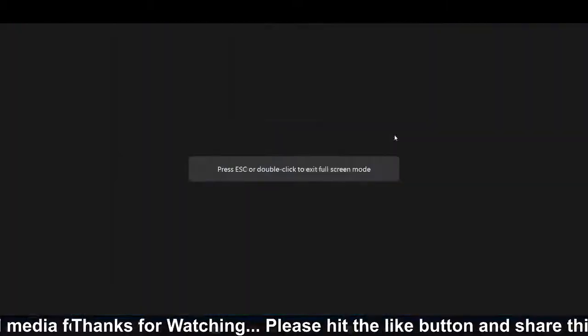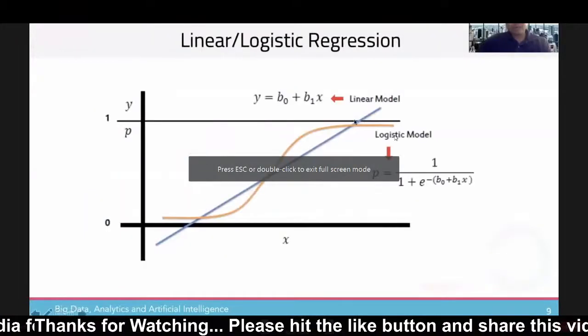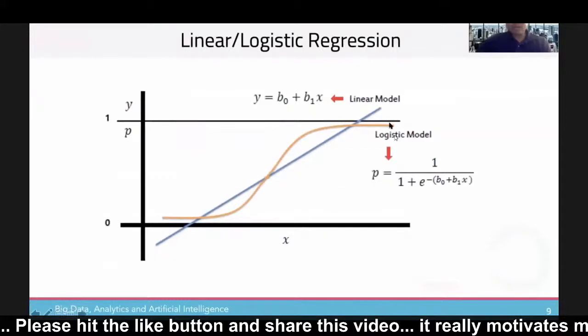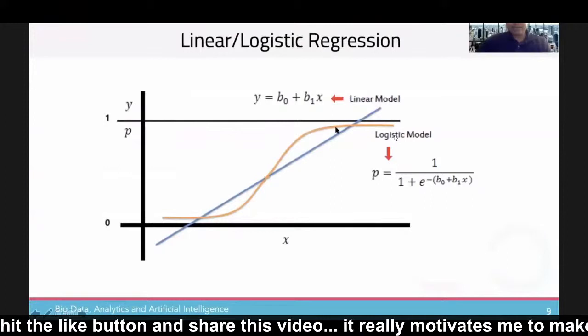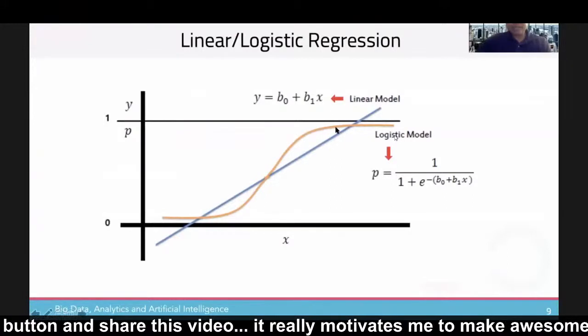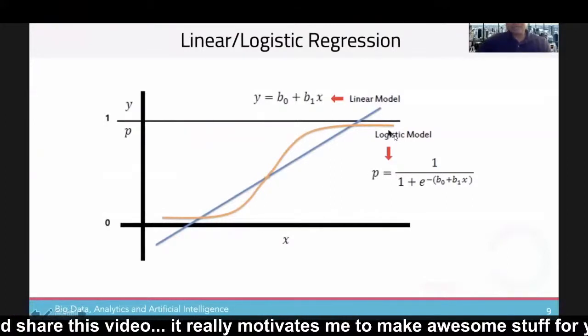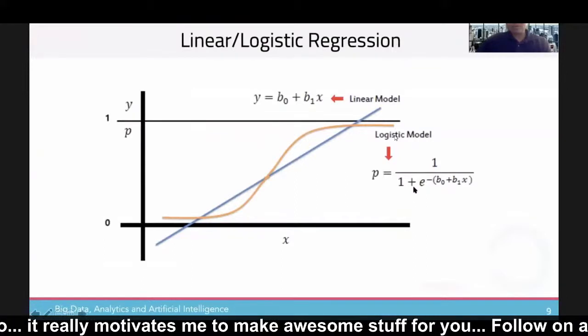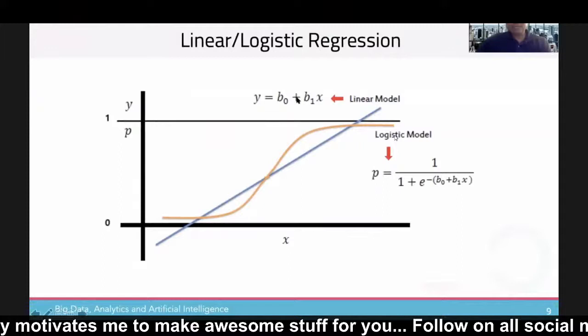So these are two states. To define these categories and make an S kind of curve, we have to form this equation: P = 1 / (1 + e^(-z)), where z is b naught plus b1 x. Now we will solve this problem.